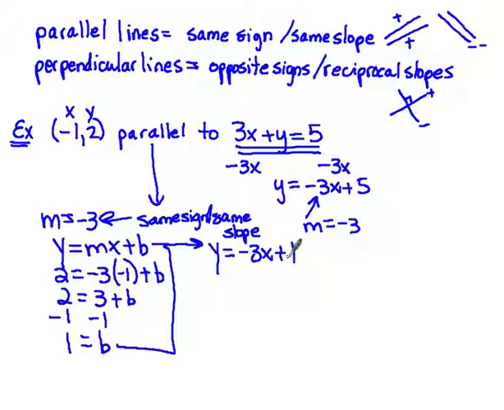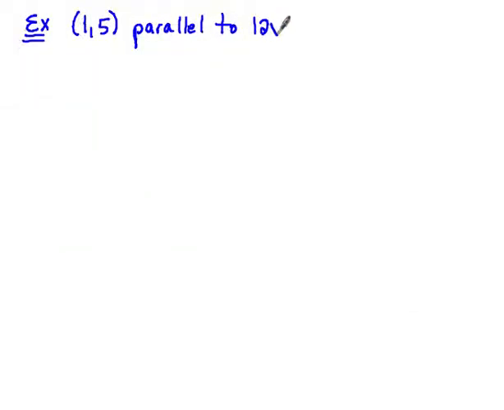All right, let's do another one of those. Let's say that it goes through the point (1, 5), and it is parallel to 12x - 2y = 6. The first thing we need to do is find the slope of this line.